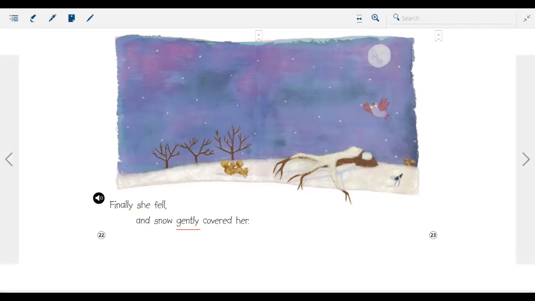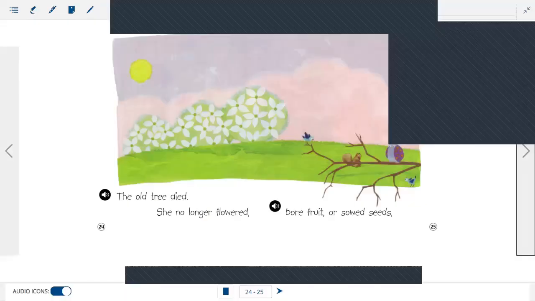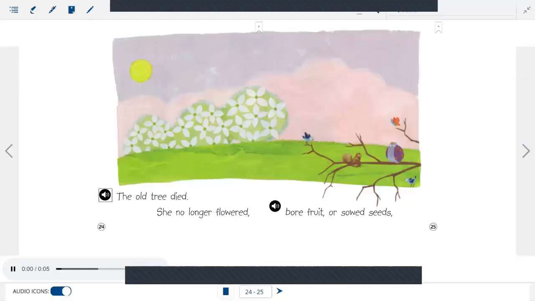So can you picture in your mind the grand old tree falling down? Try to imagine the noise it would make. In the illustration, we can see that all of the animals came to look. The old tree died. She no longer flowered, bore fruit, or sowed seeds.